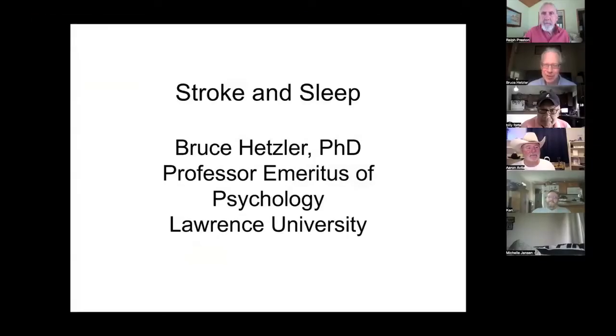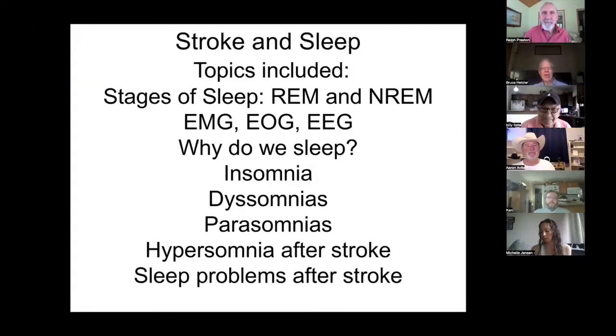Stroke and sleep. Try not to go to sleep. Here we go. Here's what I'll cover. The stages of sleep: REM sleep, that stands for rapid eye movement, and NREM or non-REM. That's the other stages.